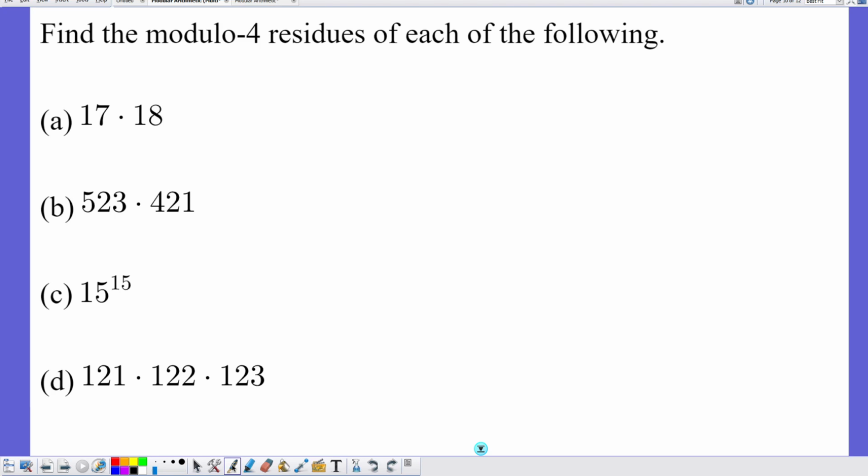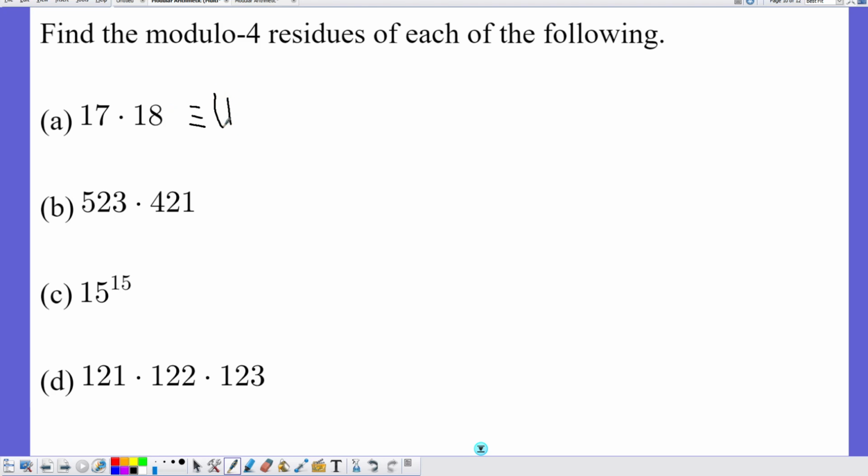Well, 17. Modulo 4 residues just means find the remainder when divided by 4. 17 divided by 4 has a remainder of 1, because 4 times 4 is 16 plus 1 is 17.